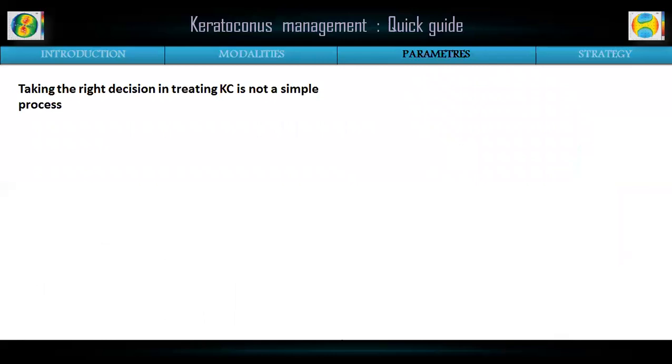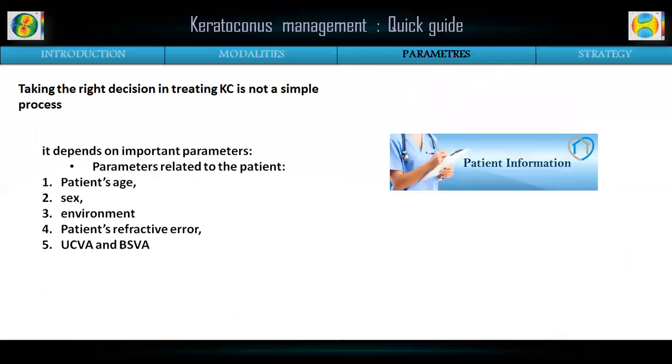Taking the right decision in treatment of keratoconus is not a simple process. It depends on important parameters. First parameters are related to the patient. We have age, sex, environment, patient's refractive error, and uncorrected and best corrected visual acuity.